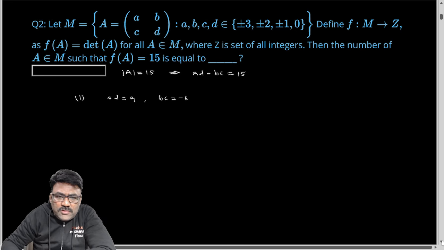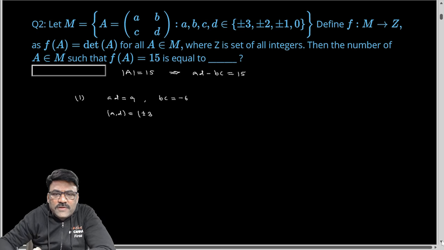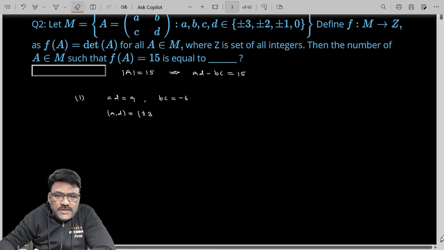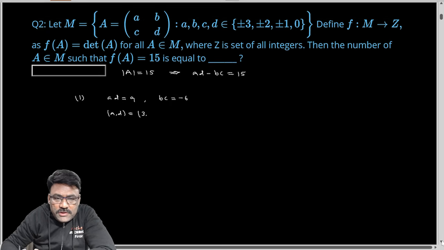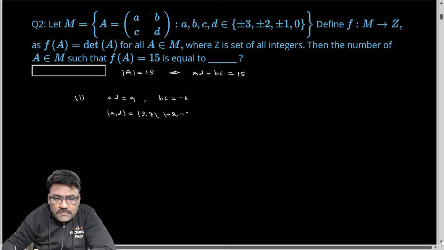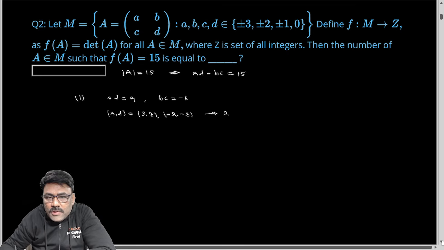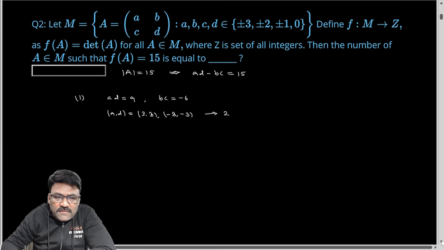AD is 9, so A comma D will be plus minus 3. In fact, only 2 possibilities: 3 comma 3 or minus 3 comma minus 3. So 2 possibilities for AD. And BC is minus 6.